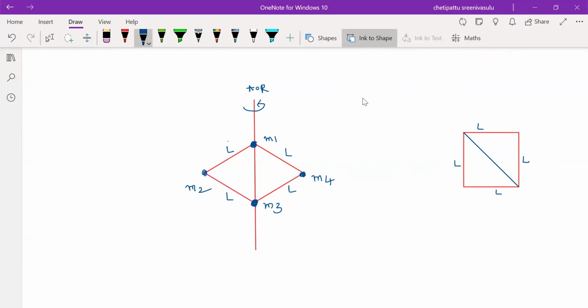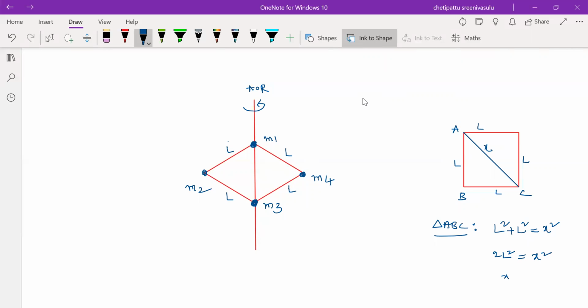Is the side square. You take triangle ABC. From the triangle ABC, what we can write? Sum of the side squares: L square plus L square equals hypotenuse square. Hypotenuse, assume as x. So this is 2L square equals x square.